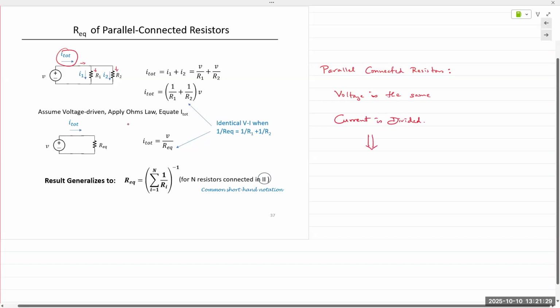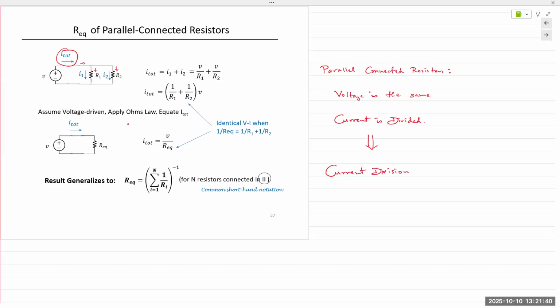And from this principle, we have a technique known as current division. So these voltage division and current division principles are derived from Ohm's law.